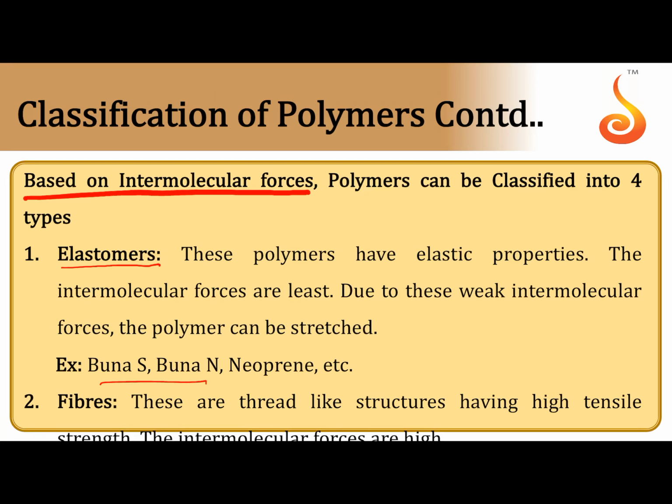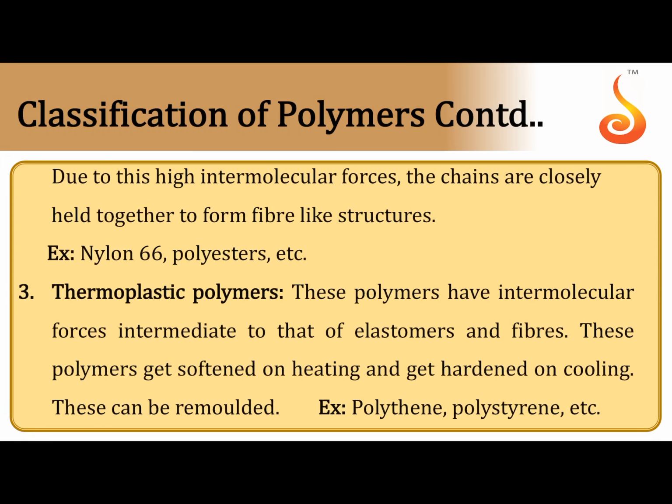The intermolecular forces are very high in fibers. Next, thermoplastic polymers. Highest forces of attraction in fibers, weakest forces of attraction in elastomers, and intermediate forces of attraction in thermoplastic polymers.